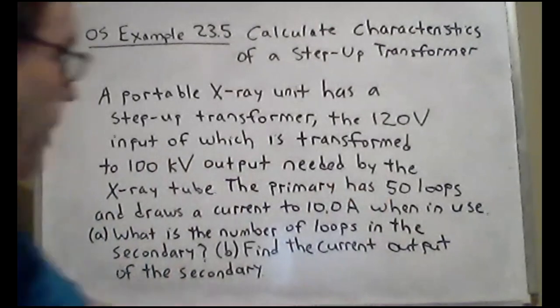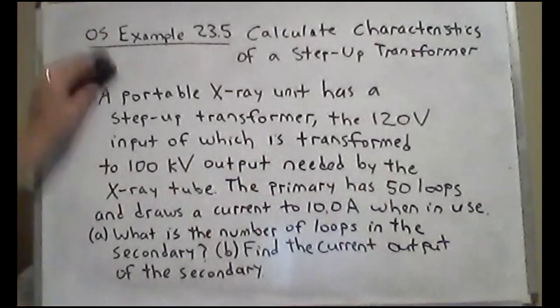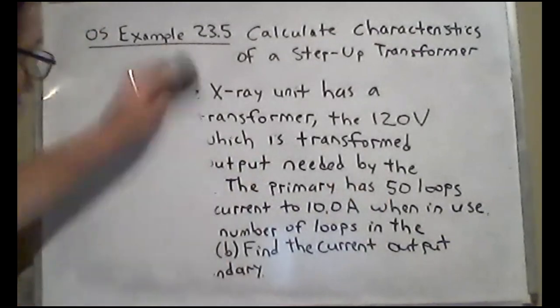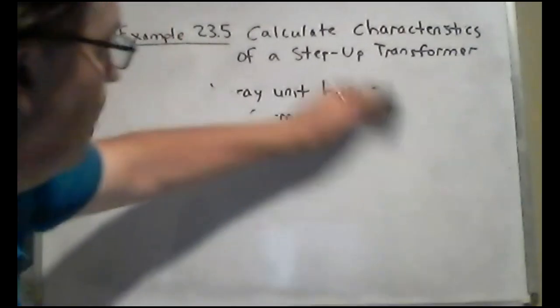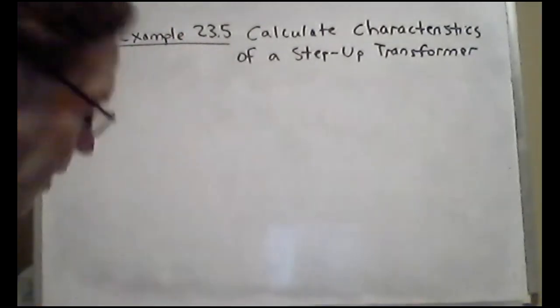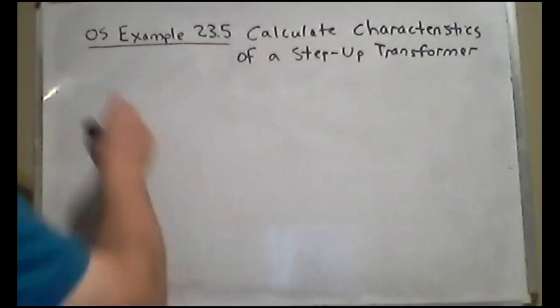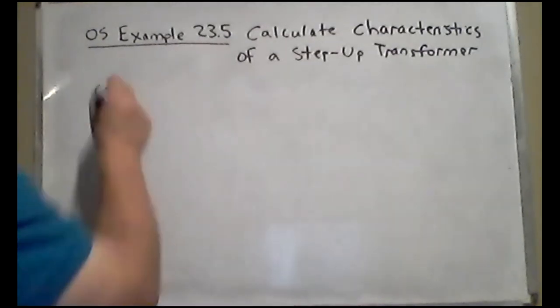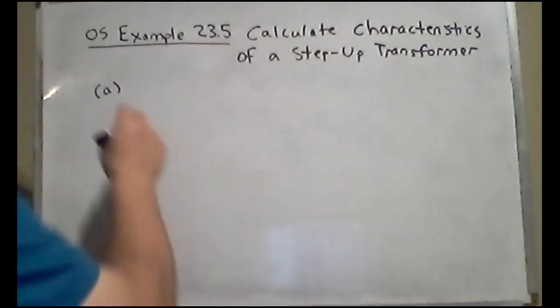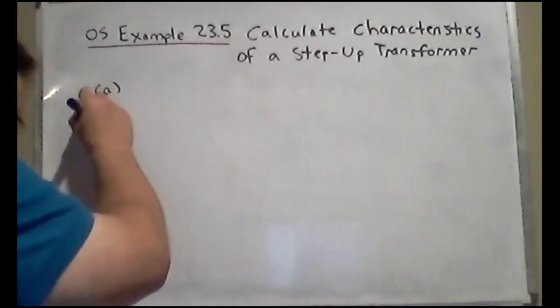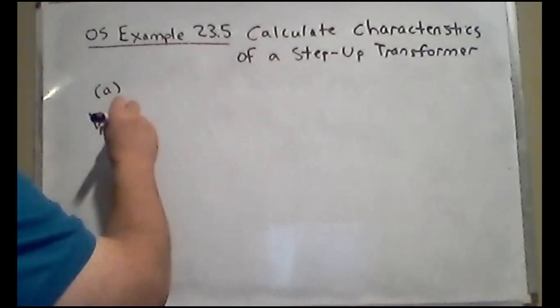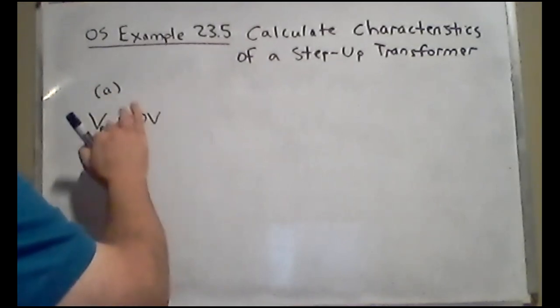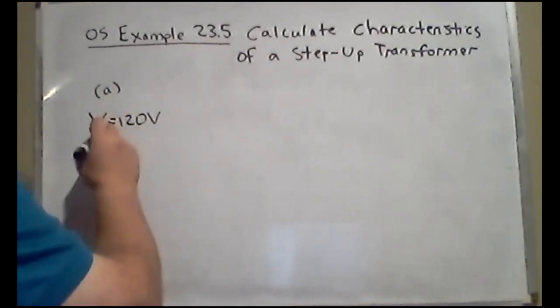All right, so erase the words and work out what we need. So again, a very high voltage is required for the operation of the X-ray tube. So part A, and what do we know? First of all, we know that V at the primary, and you have a big laundry list of stuff that you know, V at the primary is 120 volts.